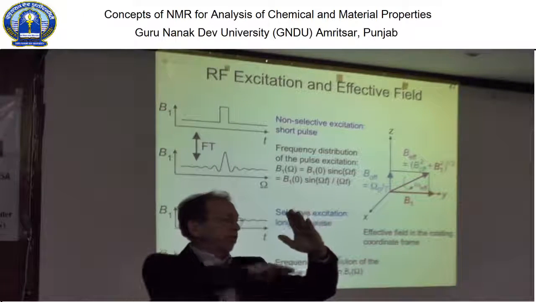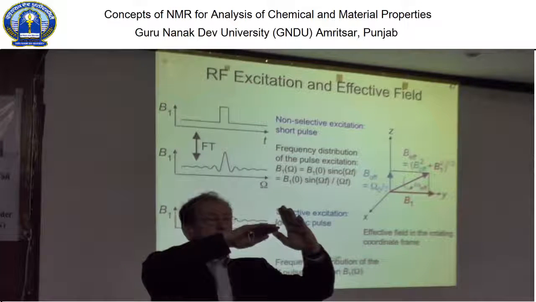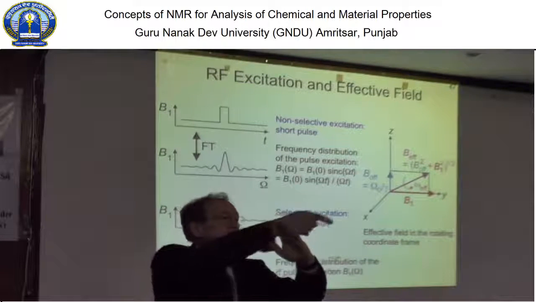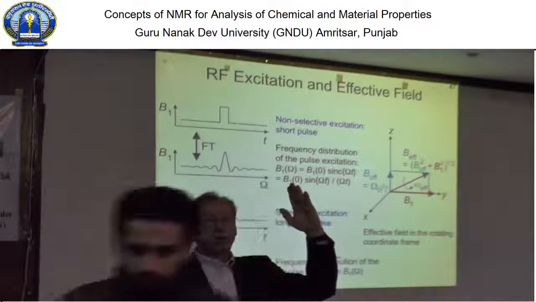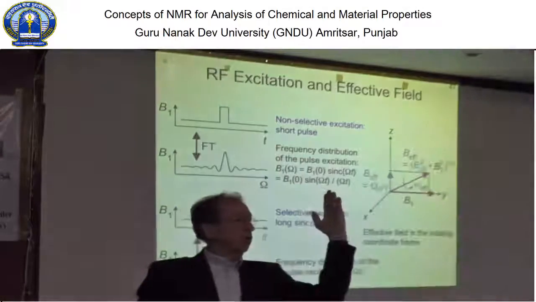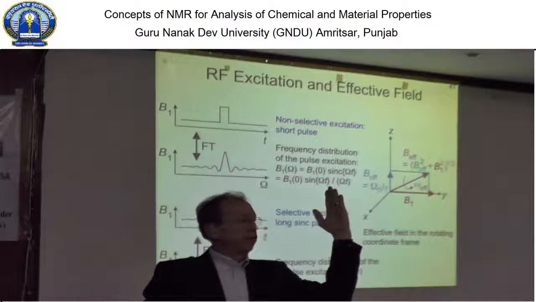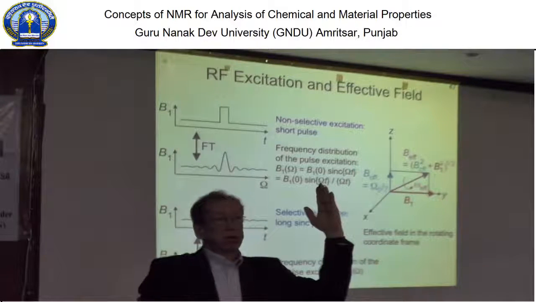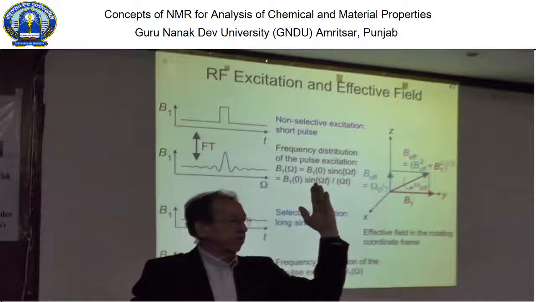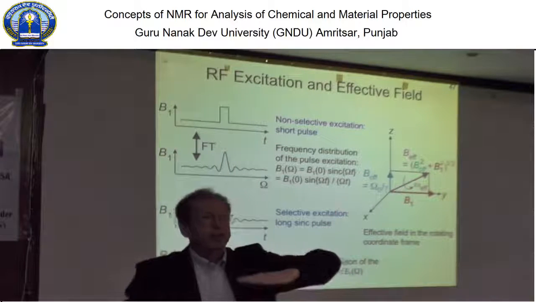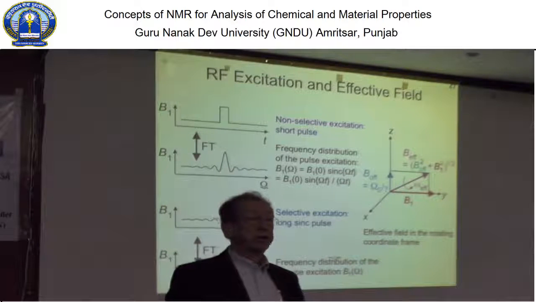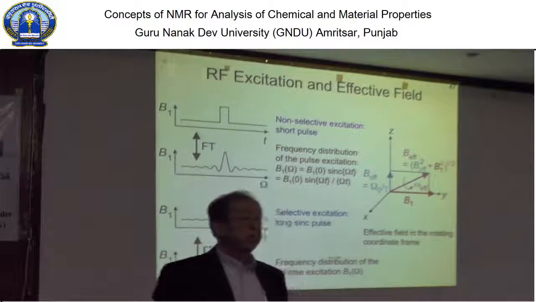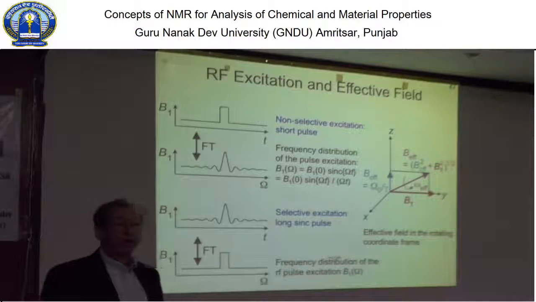If your effective field goes along a 45-degree axis, you need a 180-degree pulse to rotate the spins from the Z direction to the Y direction. If your effective field is close to the Z direction, you cannot rotate them at all into the transverse plane. But if your effective field is exactly along the Y direction, you can beautifully do a 90-degree pulse and rotate them into the XY plane.